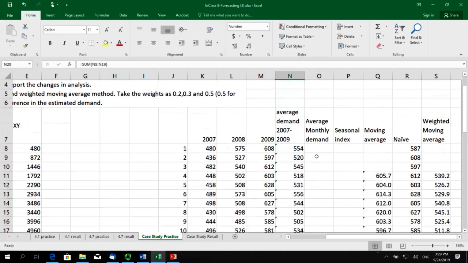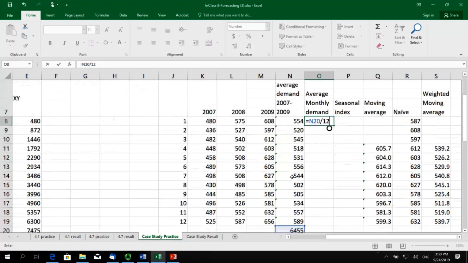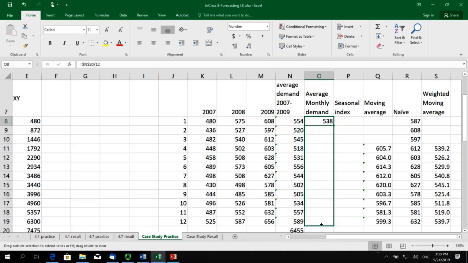Then use this demand and spread it into every month, divided by 12. So now you hit the enter key and do not scroll down yet. So use F4. On my computer, I need to increase a $ sign in front of this and a $ sign in front of here. And then I drag over here.